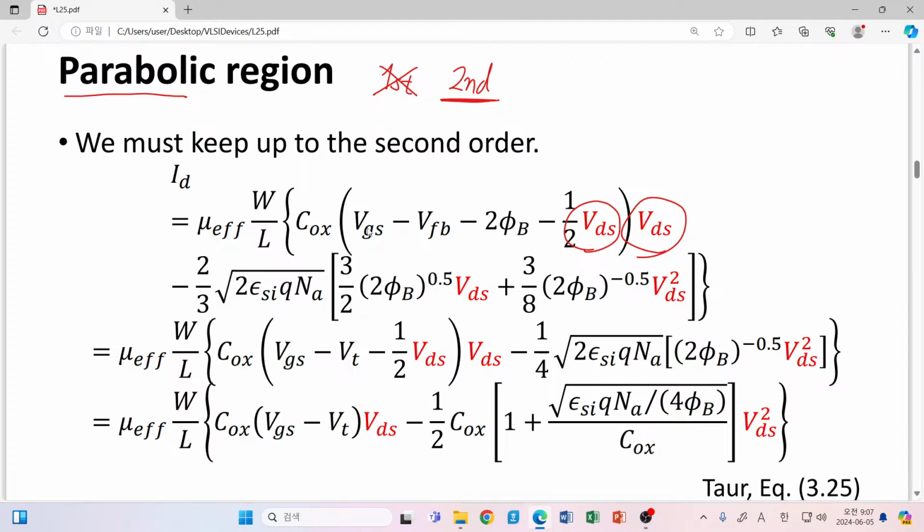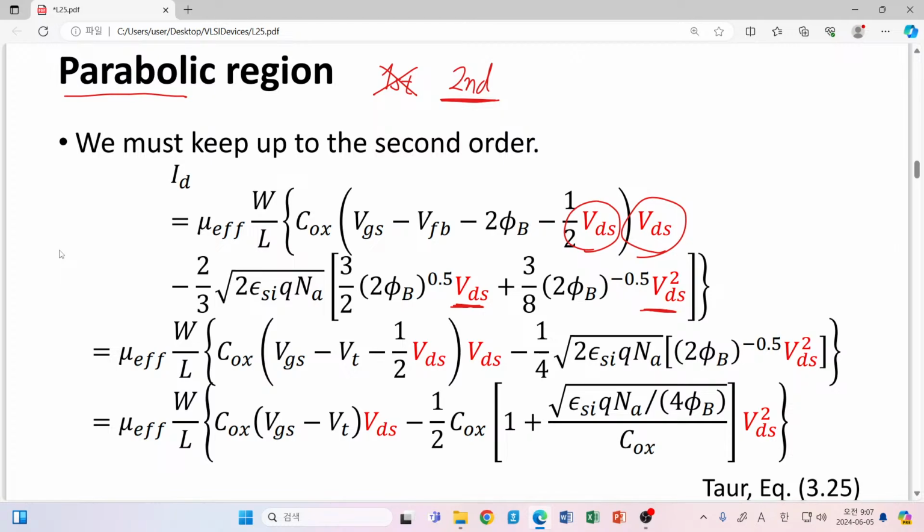But please have a look at this part. Another important term comes from this one corresponding to 1.5 originally, and you can see that this was the linear term, and this is corresponding to the second order term.